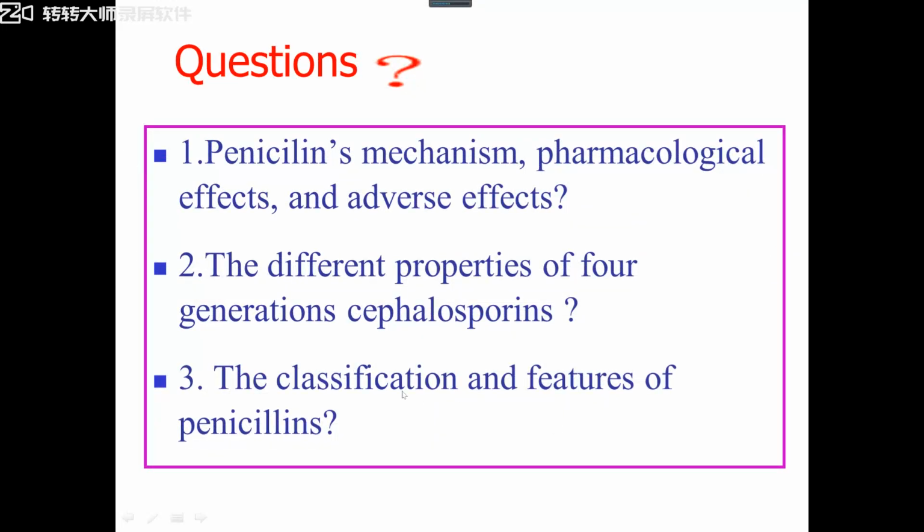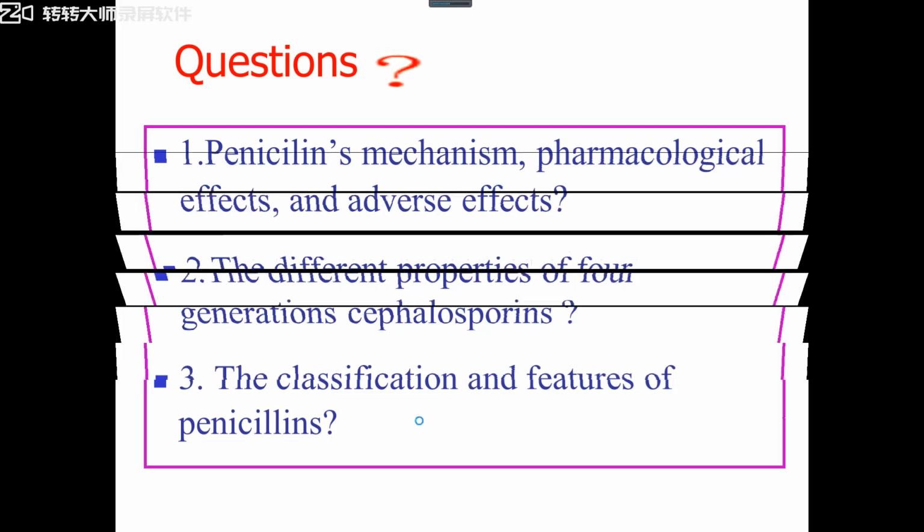So the questions. Penicillin's mechanism we have studied and just now we reviewed: inhibit cell wall synthesis, pharmacological effects, and adverse reaction, allergic reaction. The different properties of the four generations of cephalosporins. Just now I used this picture to explain. Do you remember?